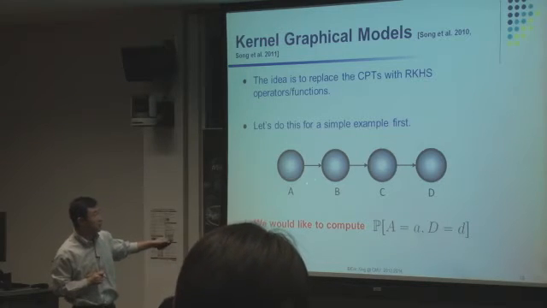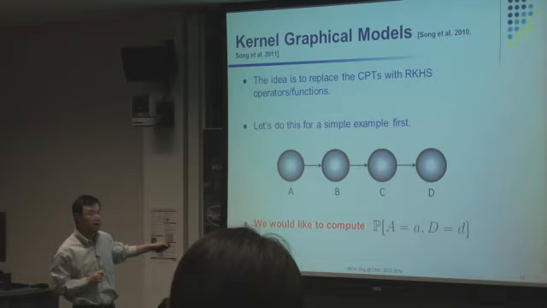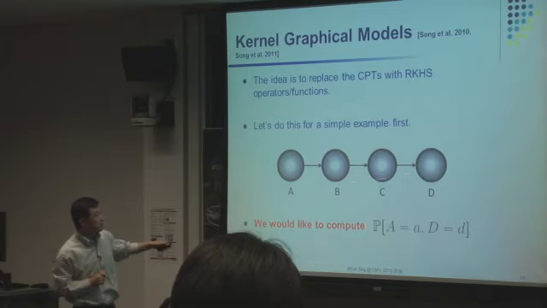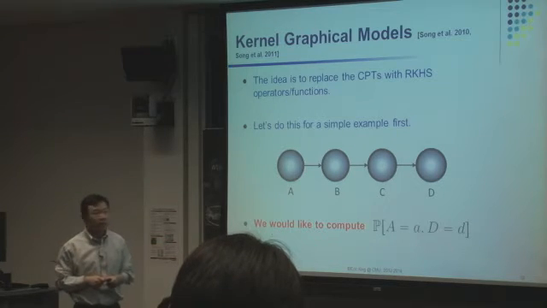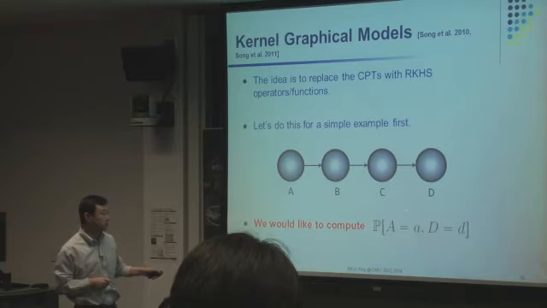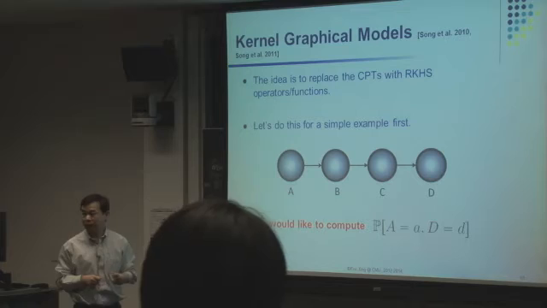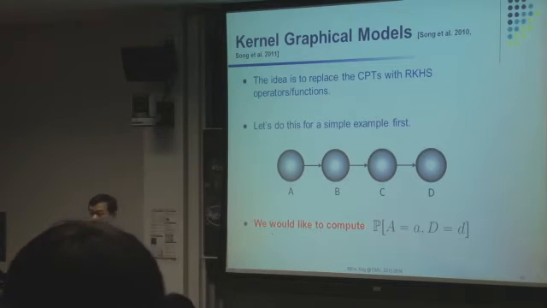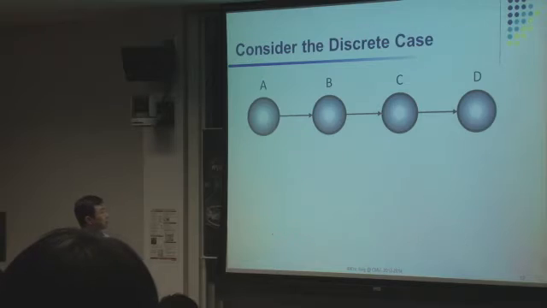So let's ask a simple marginal inference problem. Out of this 4 variable distribution, I want to compute the marginal distribution of the first node and the last node. I'm going to integrate out everything in the middle. Okay, that's a pretty standard inference problem in graphical models.